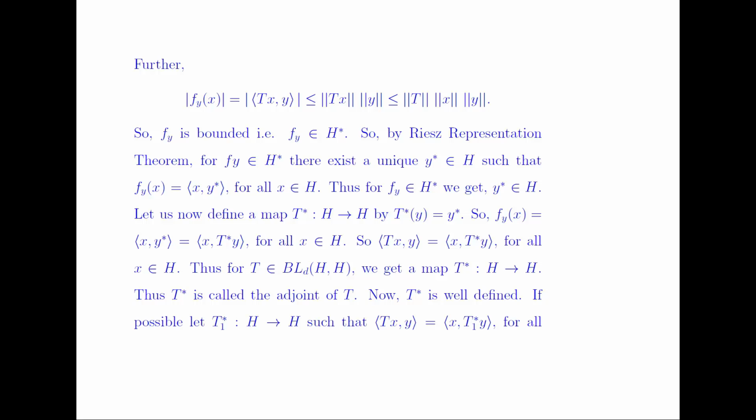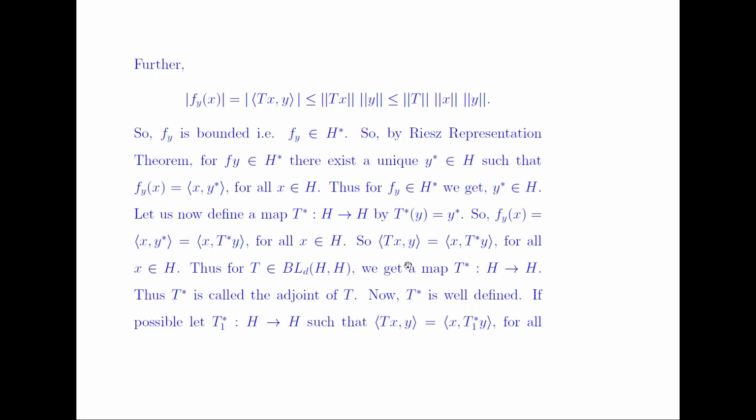So f of x with fixed y is equal to the inner product of x, y star, because here we defined that T star of y is equal to y star, so this is equal to the inner product of x, T star y.